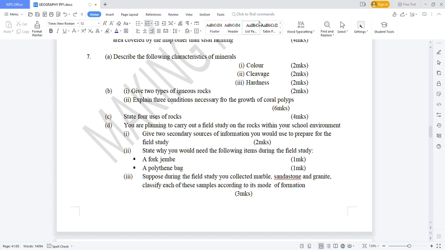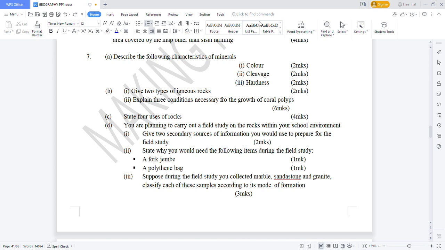Another one, rocks are source of income and employment.